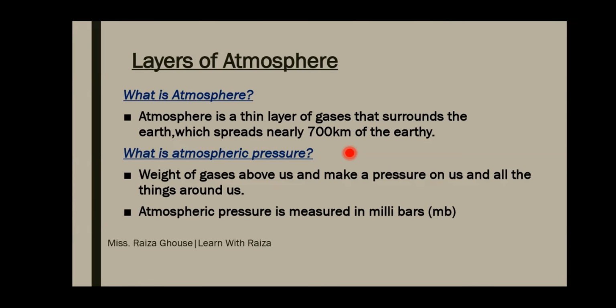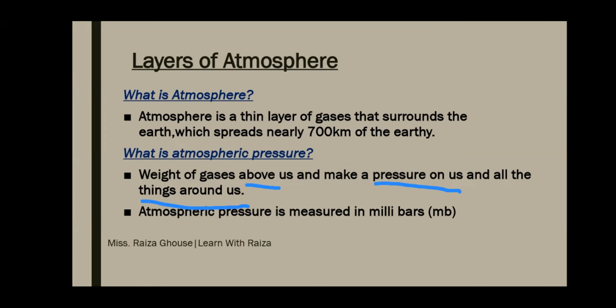This weight of the gases above the humans, above the plants, above the organisms on the earth, makes a certain pressure on us and all the things around us. Again, I'll repeat it to help you understand.